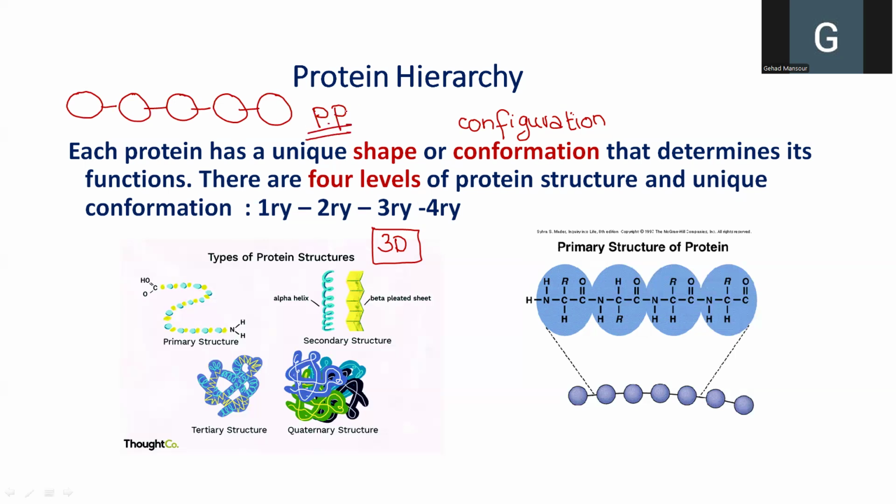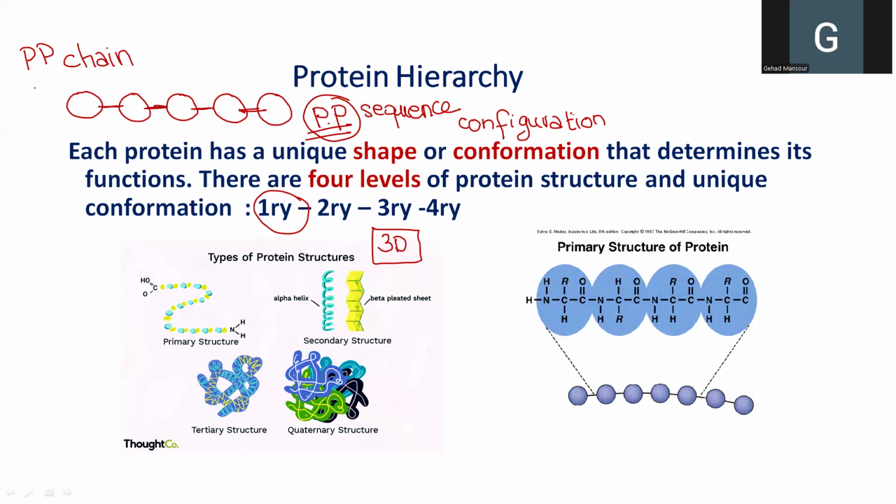The term PP stands for polypeptide, and polypeptide sequence means a sequence of amino acids bonded together through peptide bonds to form a polypeptide chain. If you have a polypeptide chain like this one, we call this the primary structure of proteins. And this is the basic building structure of proteins.